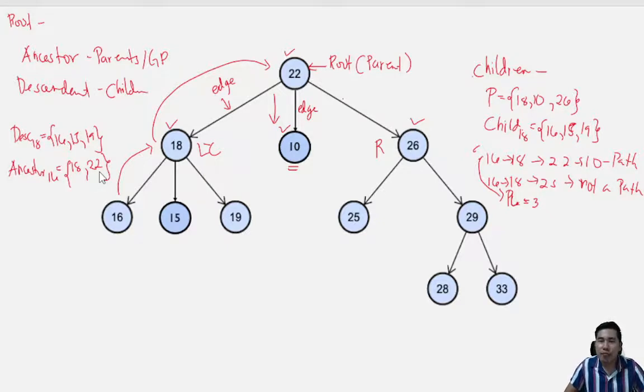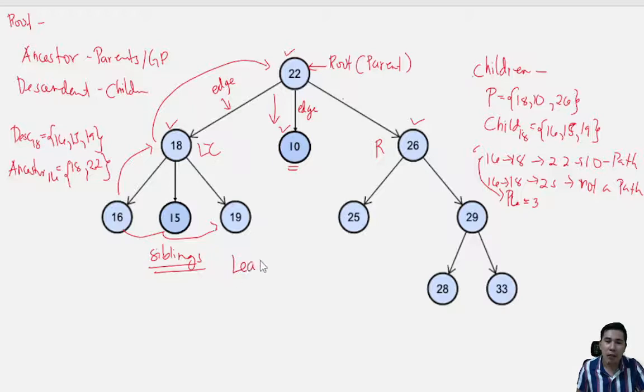Now, how about these ones? 16, 15, and 19 are called siblings because they are connected to the same parent. So 16, 15, and 19 are also considered leaves.